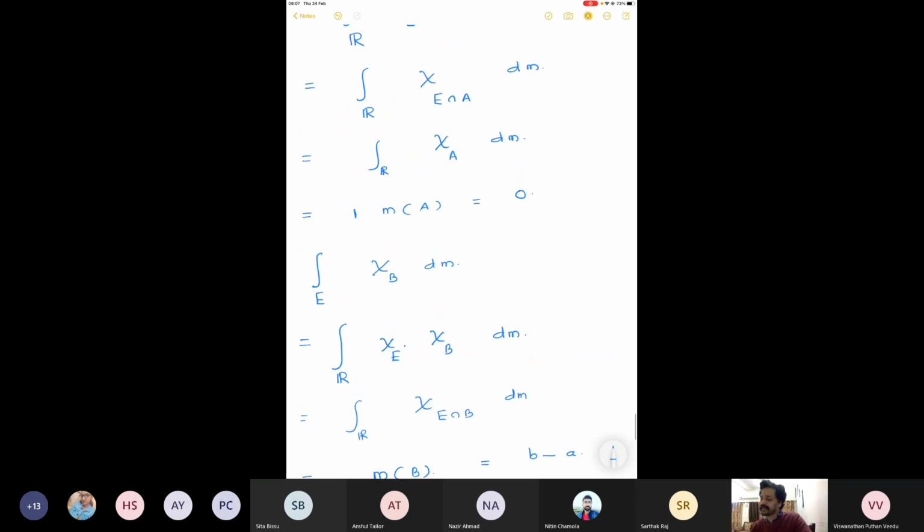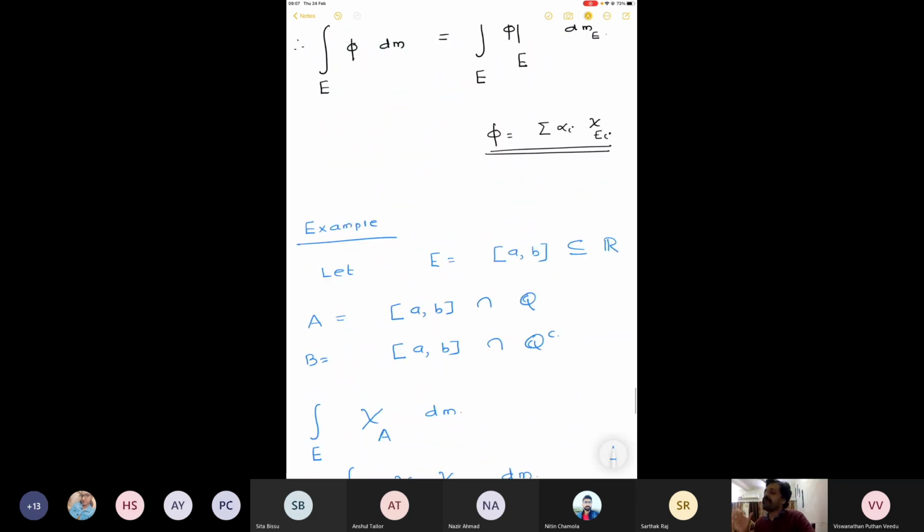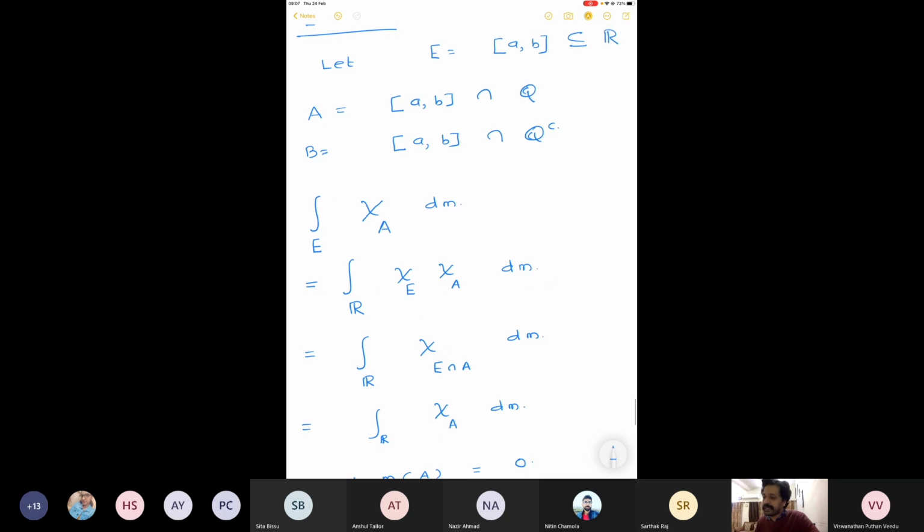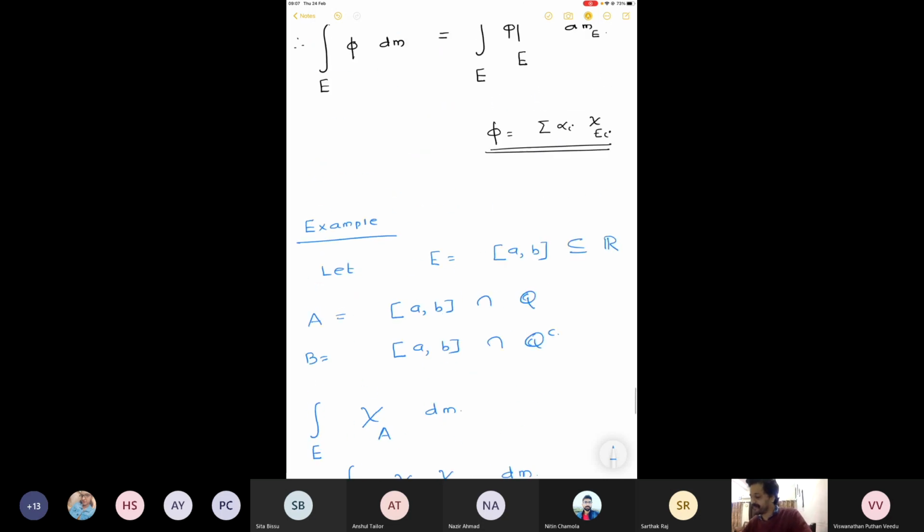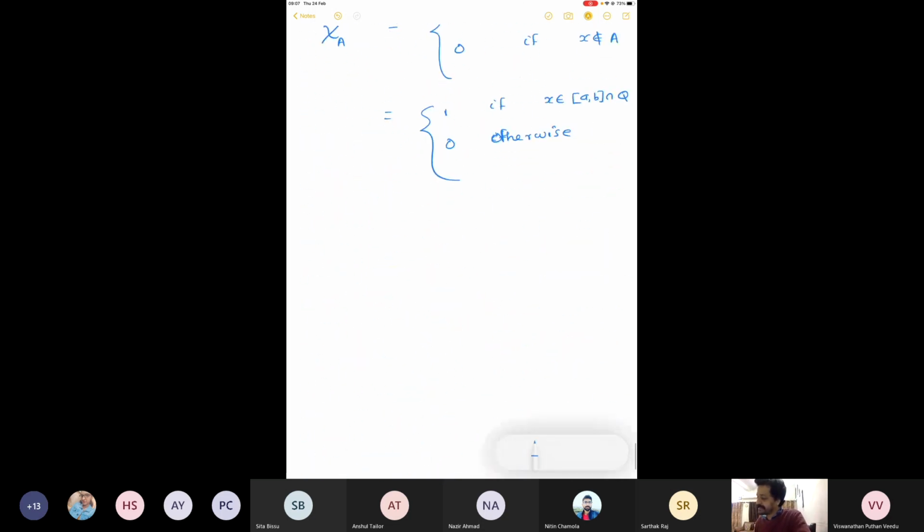So this example I intentionally chose. One is to illustrate how to integrate over a subset, and the other is to illustrate that Lebesgue has an advantage over Riemann. So it is a simple but illustrative example.